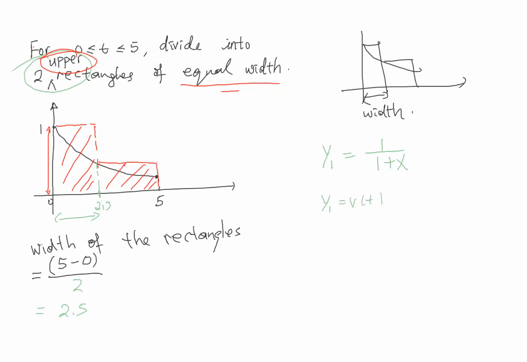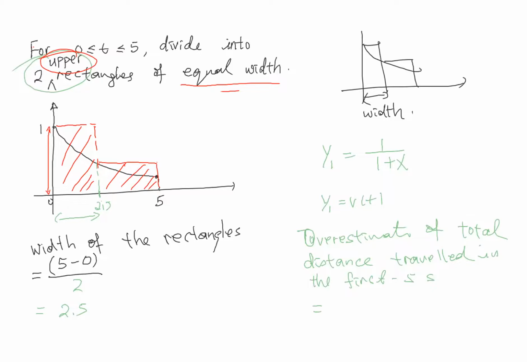You write down like that in the exam. Therefore, the overestimate of total distance travelled in the first 5 seconds is equal to, what is the width?